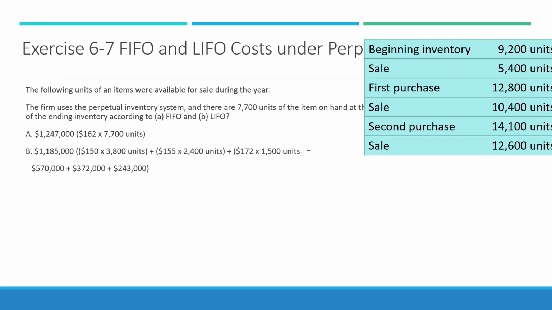And that beginning inventory then was never touched again because we had another purchase of 12,400, and then the 10,400 was all taken from the first purchase because the sale of 10,000 is less than the first purchase. So that all was taken from that tranche of inventory. And then the second purchase is what was used for the second sale. And so to compute our ending inventory, we have to take what buckets were left, and we can compute from there.